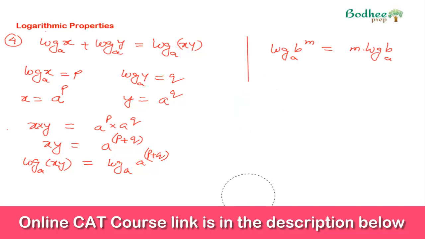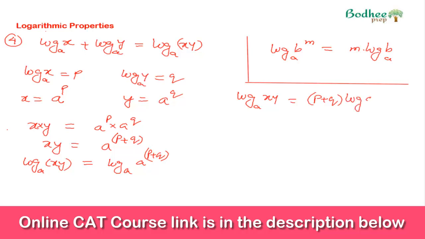So this entire thing can be written as log of x into y with base a is equal to p plus q, which will get multiplied with the logarithm, and we will be left with log of a with base a.